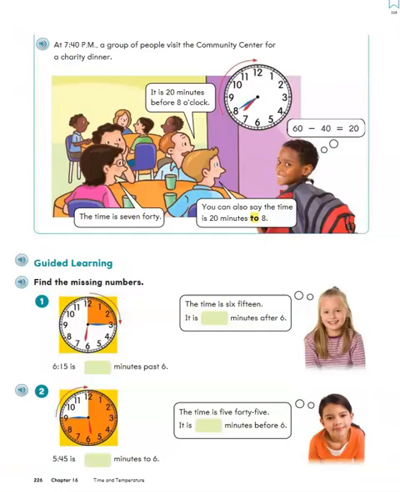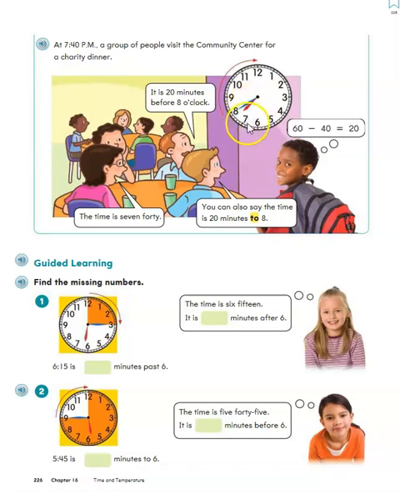All right, at 7:40 p.m., a group of people visit the community center for a charity dinner. Notice they're having dinner, it's p.m., so that's from 12 o'clock noon all the way to 12 o'clock midnight is our p.m. Those are all of our afternoon and evening activities that happen in the p.m. Okay, so we can see on our analog clock, here is our hour hand, the red one.